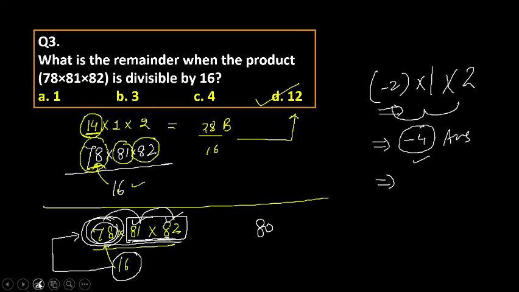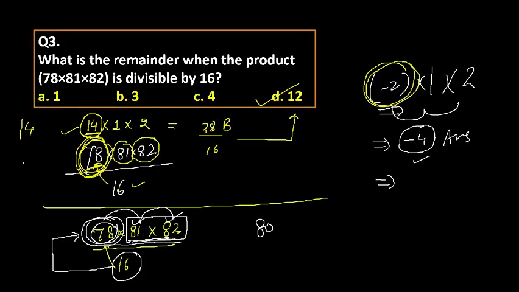Tell me, in the first case, what was your positive remainder? That was 14. And what are you getting as a negative? Minus 2. I think both are the same. Positive it was 14 and negative it is minus 2. So can you see the relation between them? I was dividing by 16.